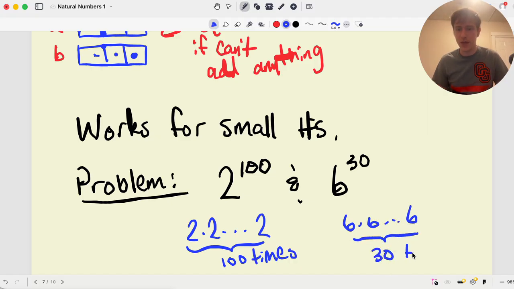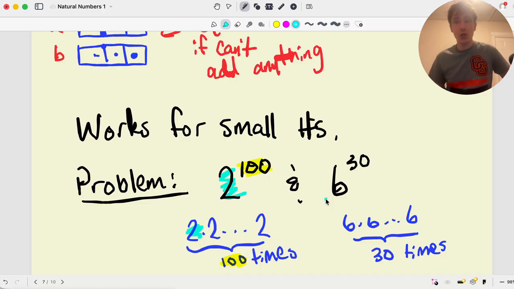Then I would notate that using something called an exponent, which again is completely natural when working with the natural numbers. And that's what this thing is here. That's called the exponent. And this thing right here, the thing that you're copying, that's called the base. So if I multiply 2 100 times and I multiply 6 30 times.